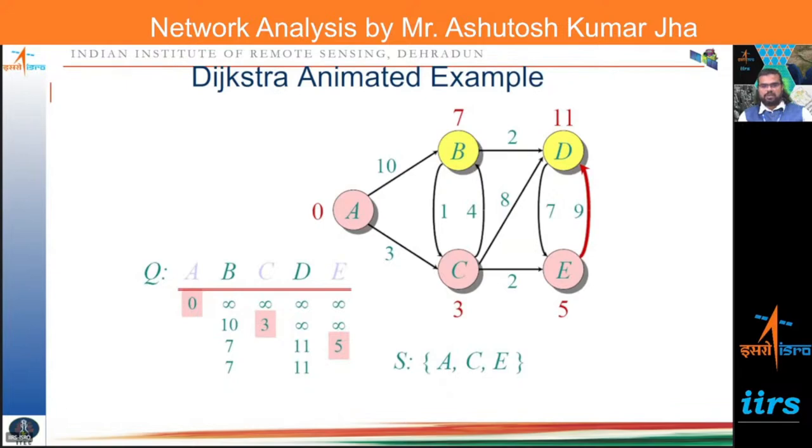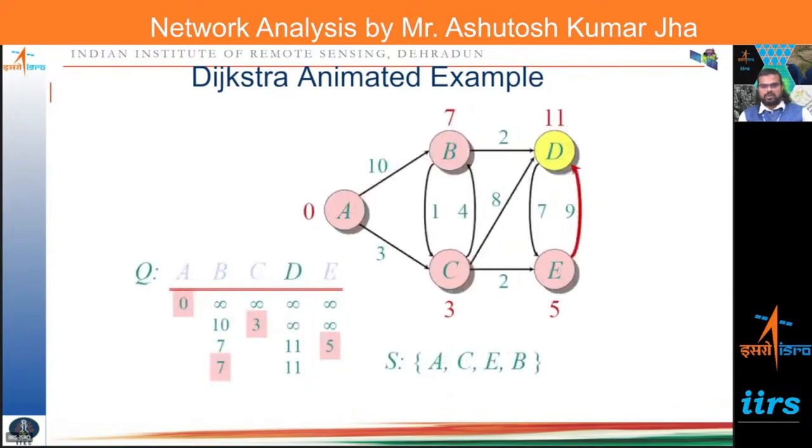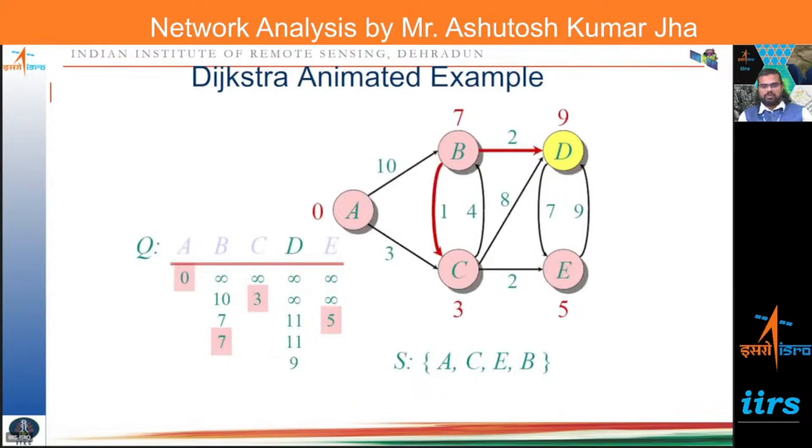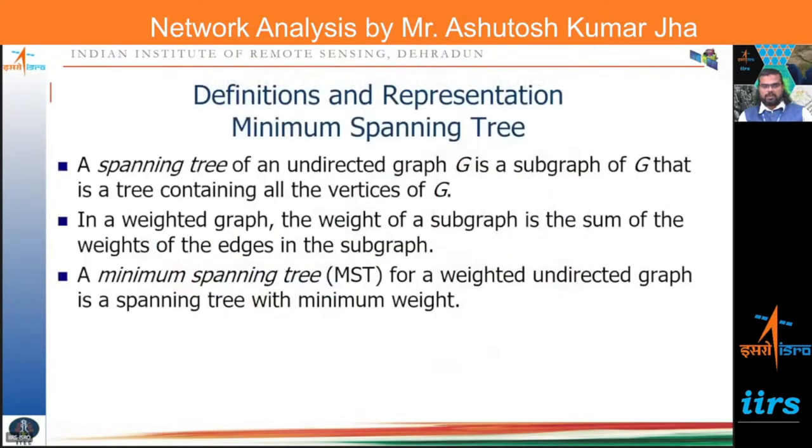We see that the cost of reaching D is the least in this case. And then finally B is what is left, and accordingly we find the next least cost path. That's basically finding, from one point, all the different node locations and the costs associated with them.